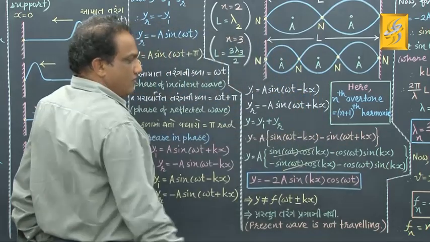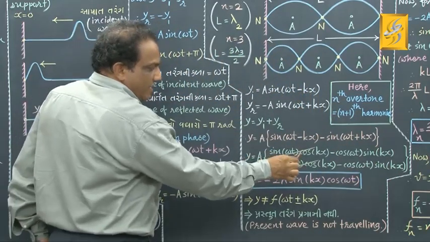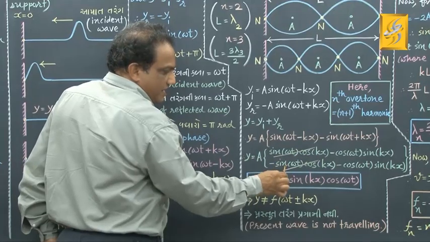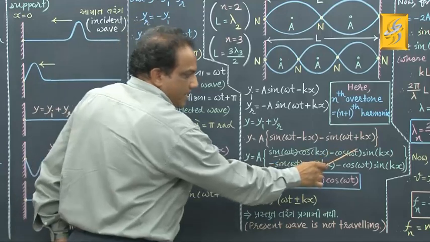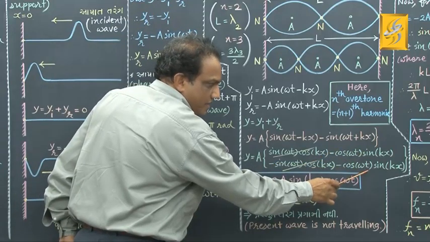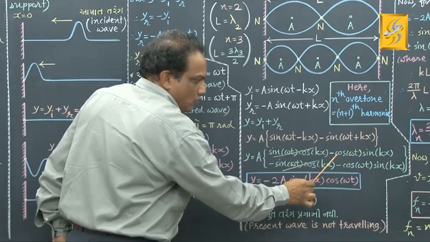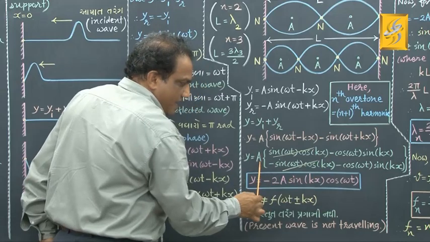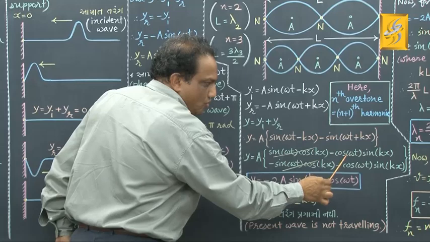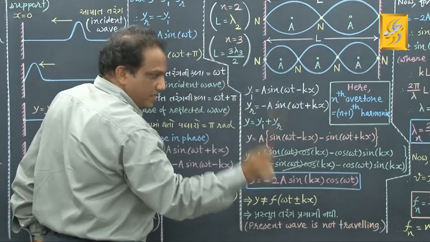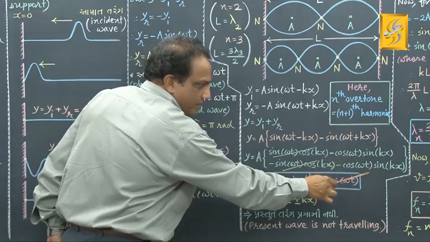Fine. And now tell me, sin omega t cos kx minus sin omega t cos kx will be getting cancelled. And now the same term is getting repeated 2 times.